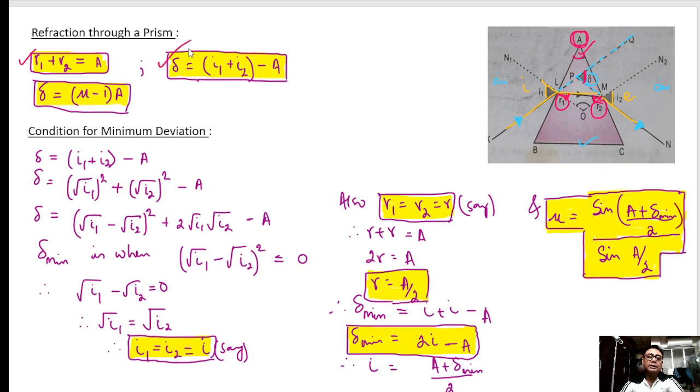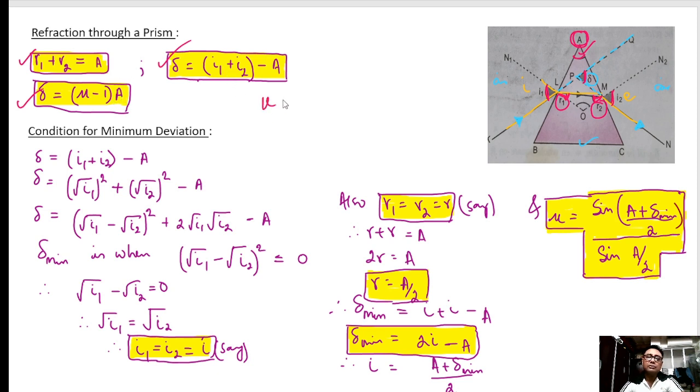Second, how is the angle of deviation related? The angle of deviation is related to I1 plus I2 minus A. This is I1, this is I2. So sigma equals I1 plus I2 minus A. This is how the angle of deviation is related. Similarly, the angle of deviation is also related to (mu minus 1) into A. What is mu?